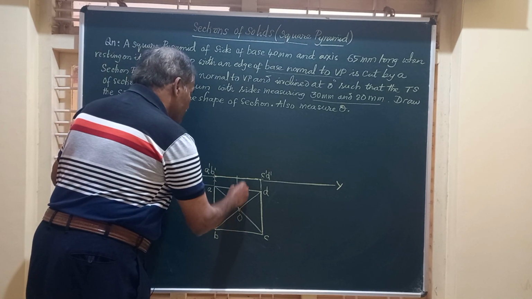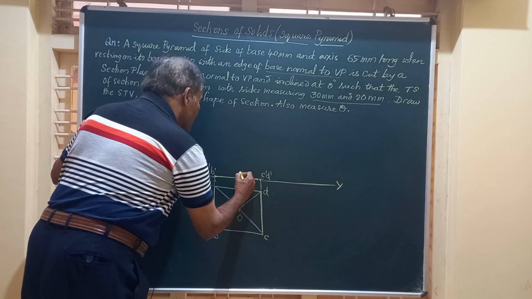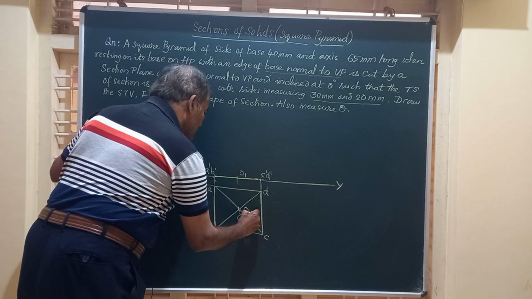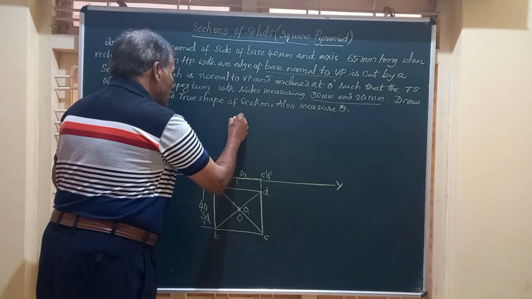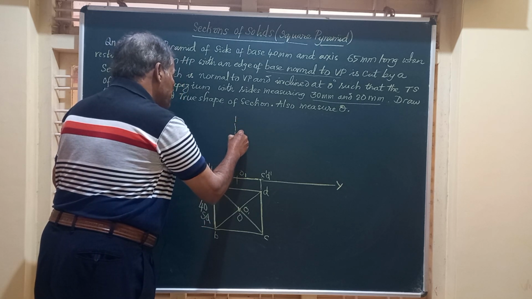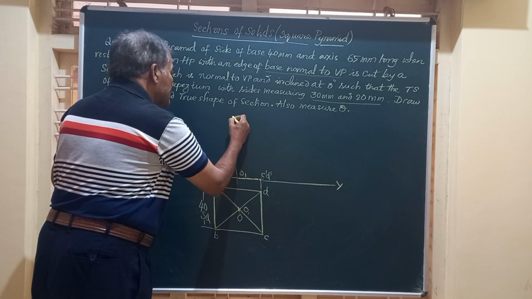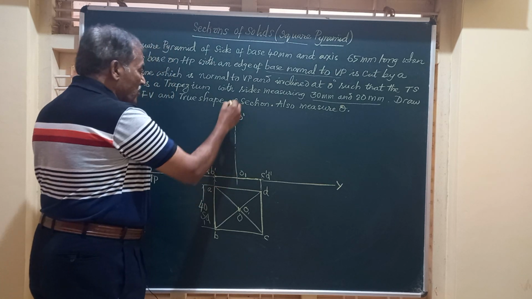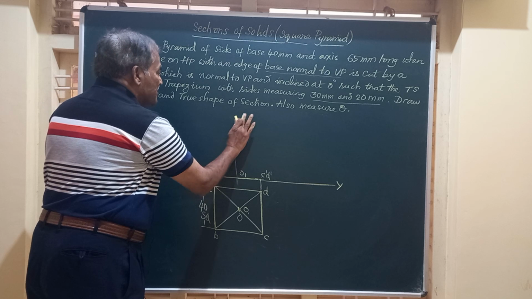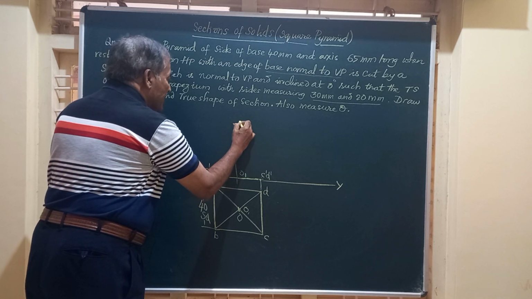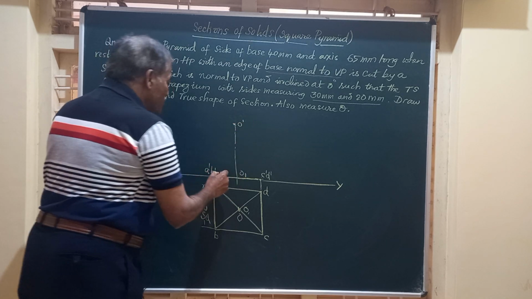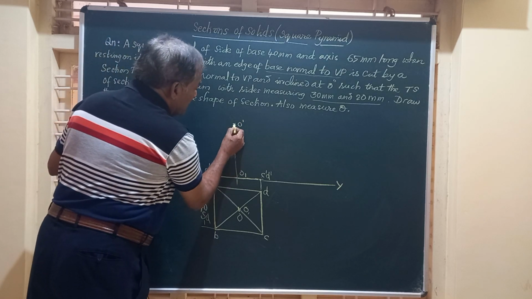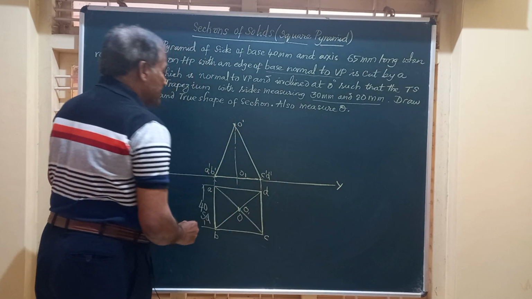Let us obtain O1, the center of the base. So I will mark O1 here. Through O1, draw a vertical line to show the axis and mark this O dash, the front view of the vertex, and join this O dash to the corners AB and CD.